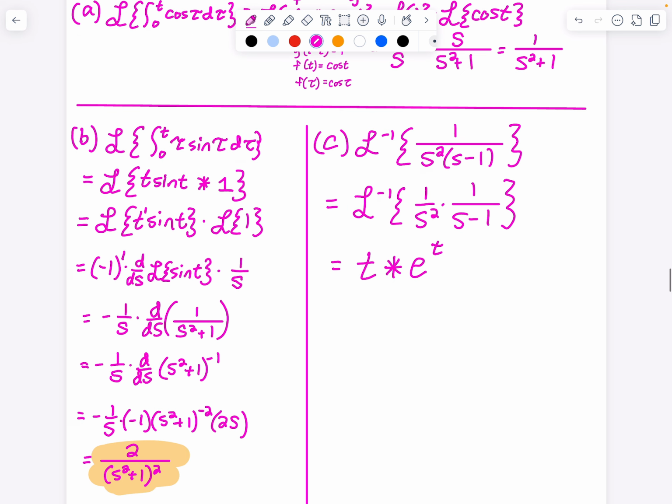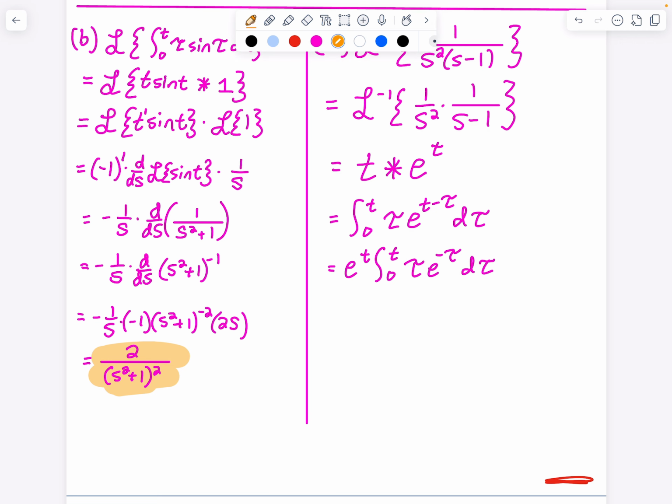We want to not just have a convolution, but maybe an expression for it. So I got 0 to t of, and we'll let the e take the second part. So I got tau e to the t minus tau. Reason I did that is that trick that we keep using, that now we have e to the t that can be pulled out. And then I'm going to have tau e to the negative tau d tau.